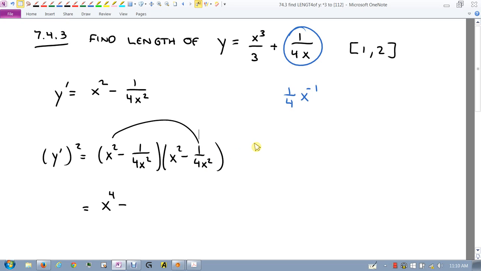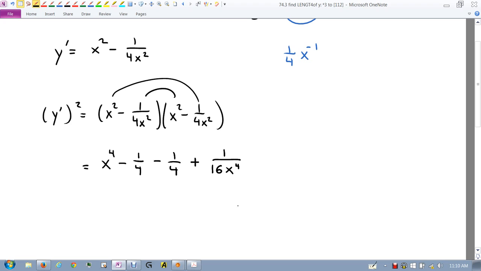Negative 1/4. And then when you do the inner one, don't you get the same thing? And then the outer ones plus 1 over 16 x to the 4th. So x to the 4th minus 1/2 plus 1 over 16 x to the 4th. That's your derivative squared. Any questions?